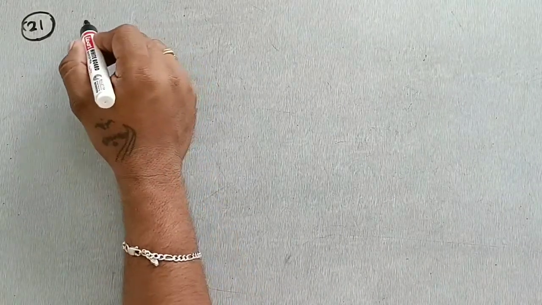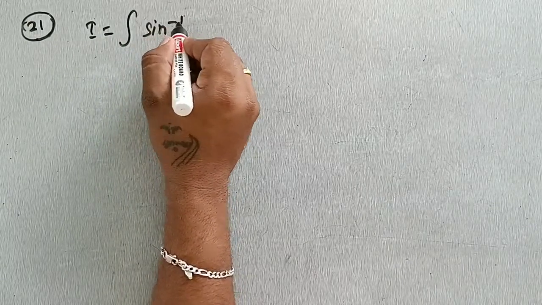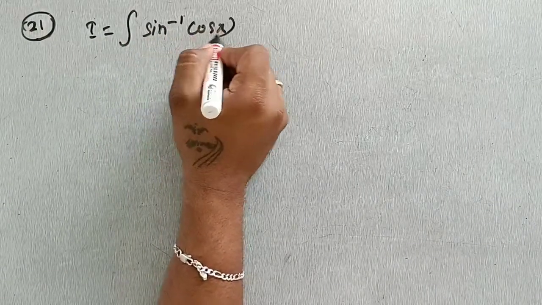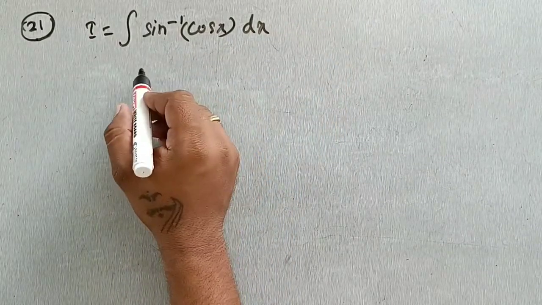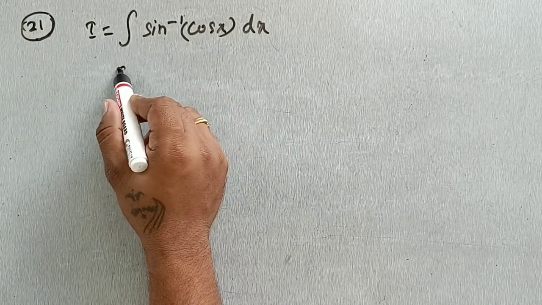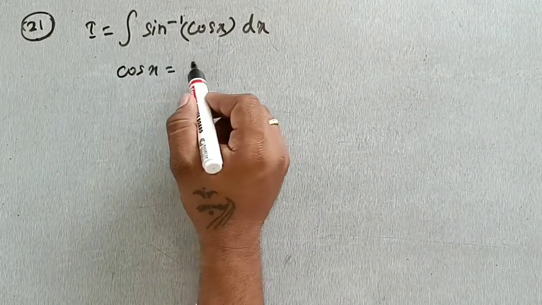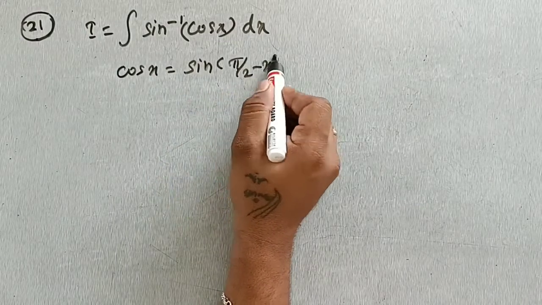21st question, I equal to integral sin inverse of cos x into dx. We have studied how to write cos in terms of sin, that is cos x equal to sin of 90 minus theta.